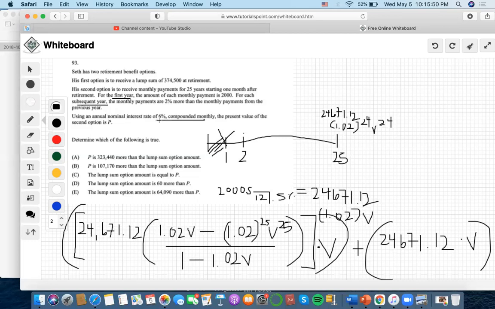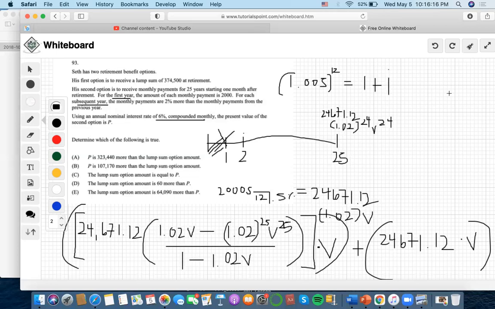So we're going to convert this monthly percentage rate into an annual effective rate. 6% monthly is 1.005 to the 12, set equal to an annual rate. We're going to find the annual rate here.